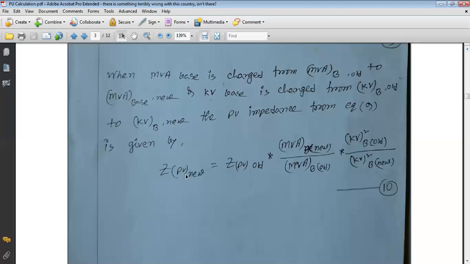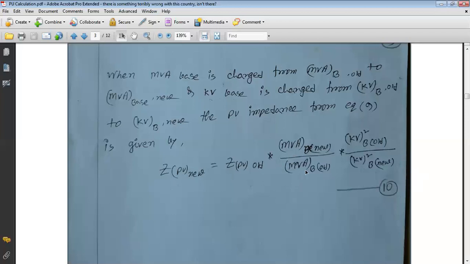That is, the new per unit value of the device is equal to the old or given per unit value of the device times the power rating of the device which is new, meaning the rating in which we have to calculate the value, divided by the power rating of old.